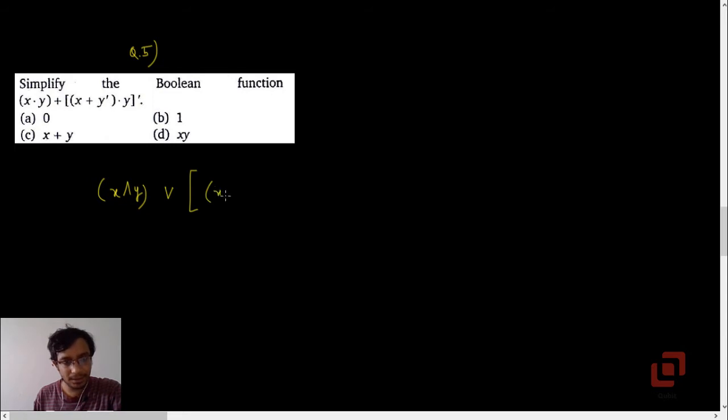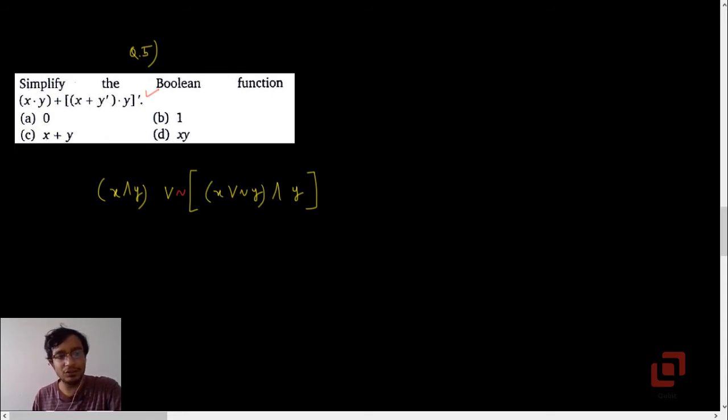bracket, first bracket x or negation y and y. Now this hash means or prime, it actually means you will again take the negation of this entire proposition.